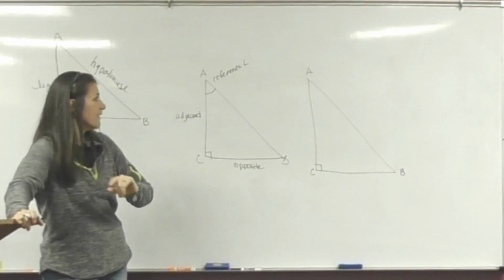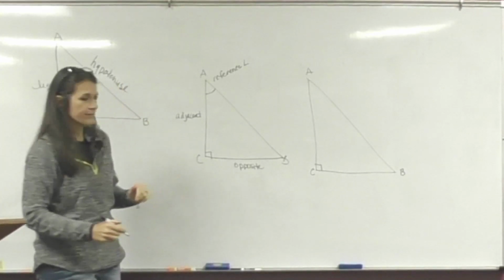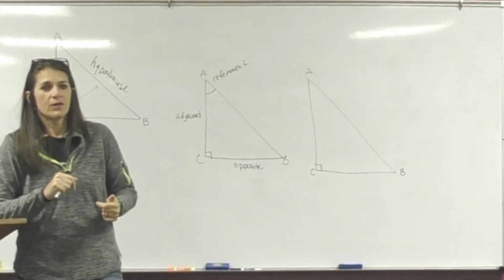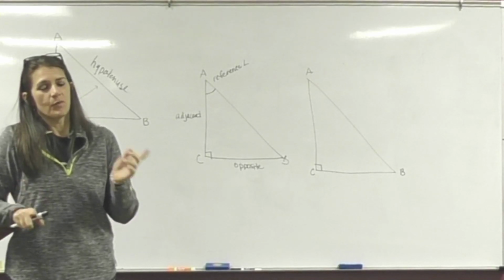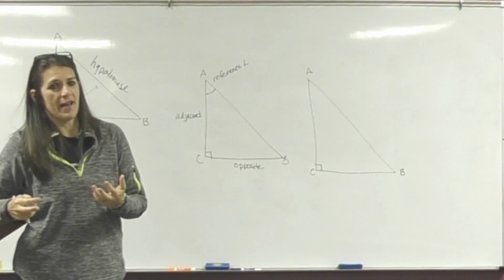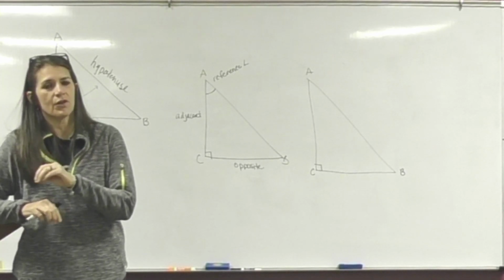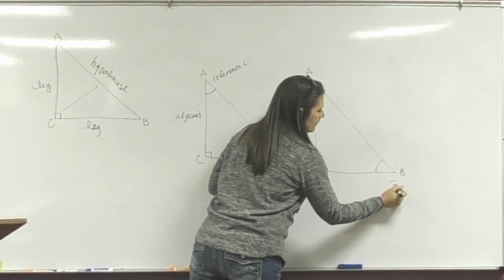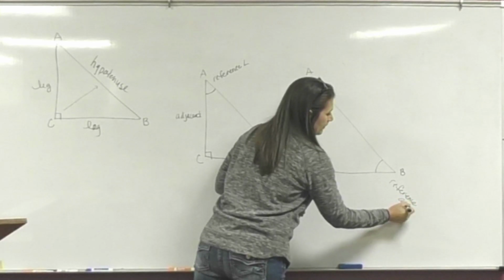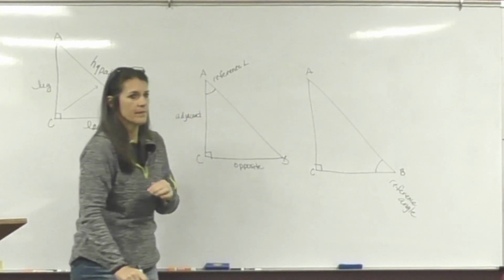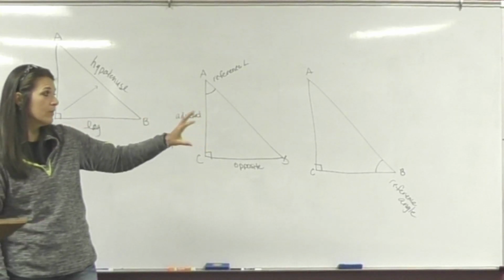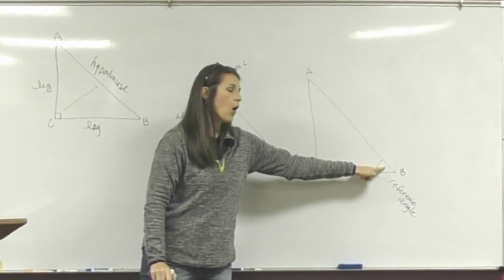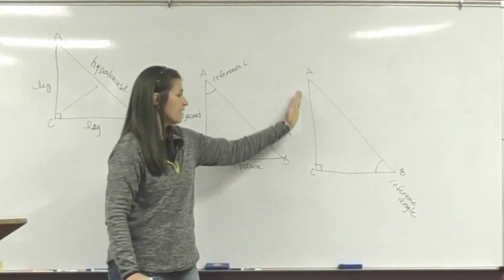Everybody understanding that so far? If we switch our reference angles and pick the other acute angle, angle B, we make this the reference angle and try to label opposite and adjacent to that. If angle B is our reference angle, the side opposite that is over here, AC.